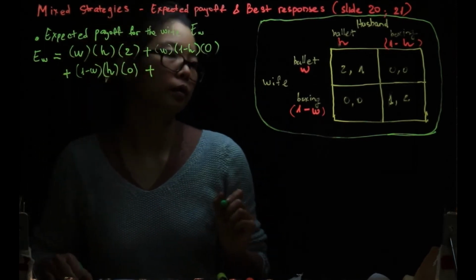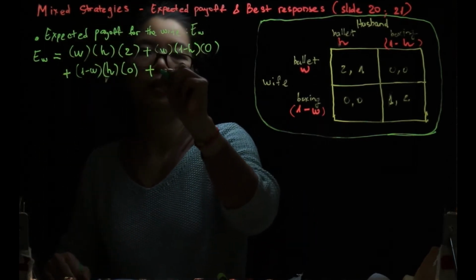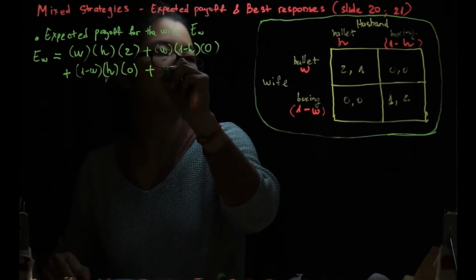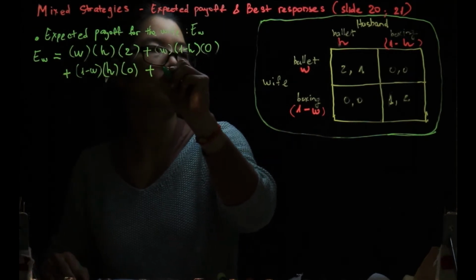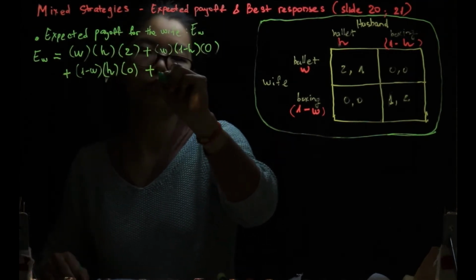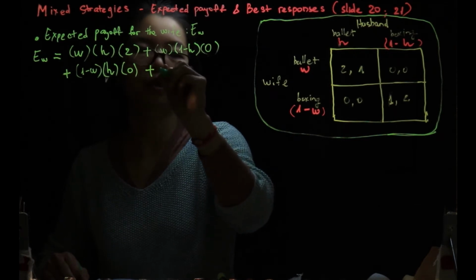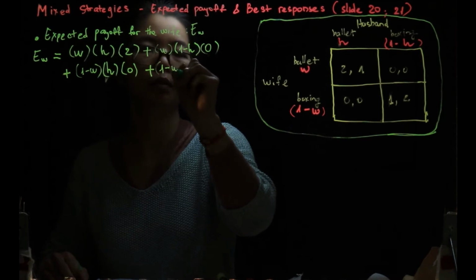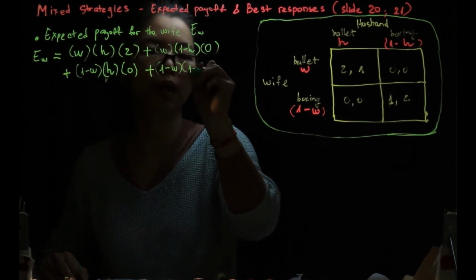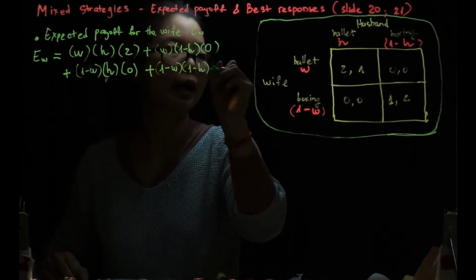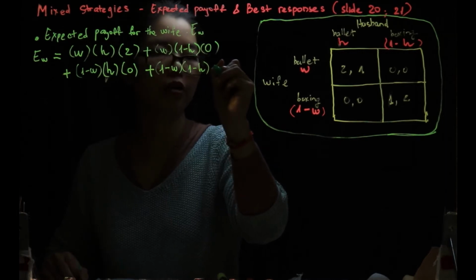Plus, the next thing is the probability that she and her husband both go boxing together, so that probability will be 1 minus W times 1 minus H, right? And times her payoff in that case, which is 1.